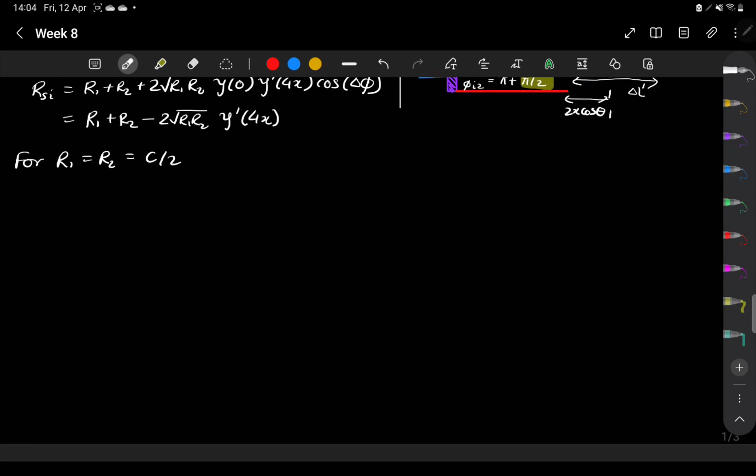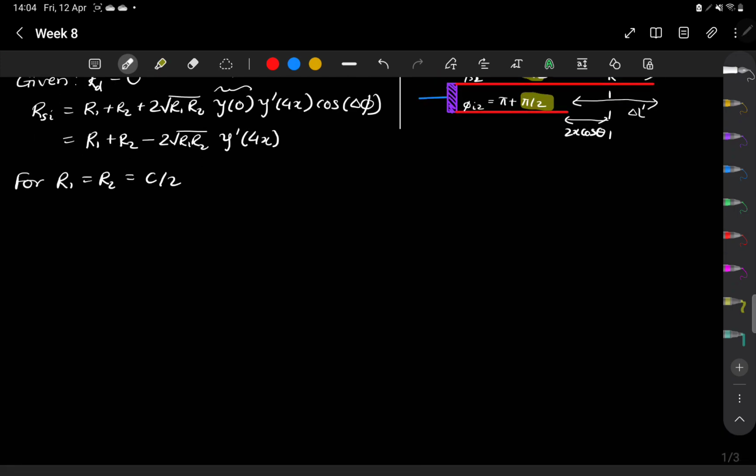In this situation, we will get RSI equals C1 minus gamma prime 4x. This is the coincidence count rate for the Hong-Ou-Mandel setup.